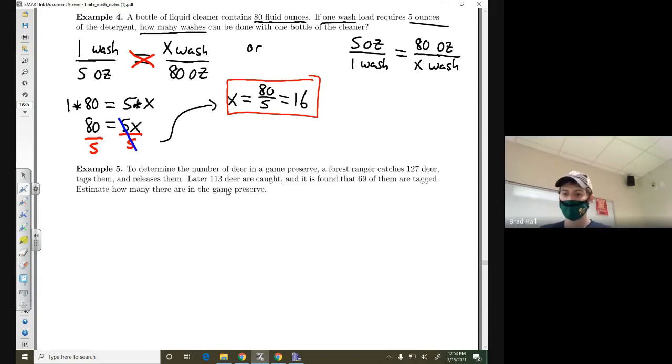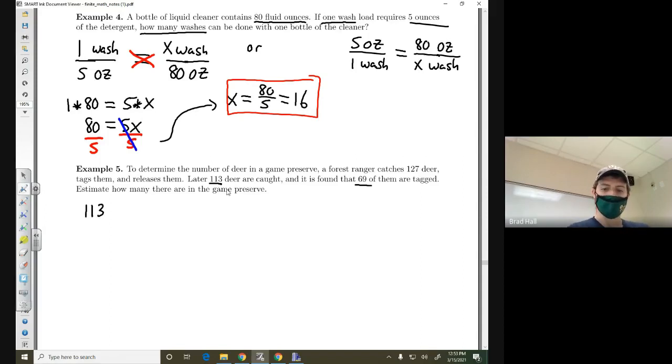Maybe 69 tagged deer over 113 deer caught. Yeah, that'd be fine. I'm going to read it as 113 and 69, but your way would be perfectly fine as long as your units are aligned.